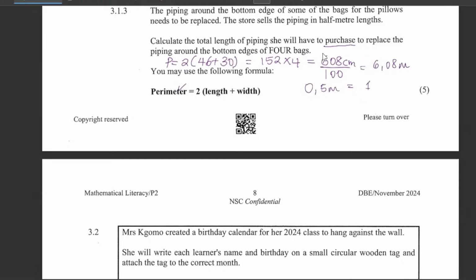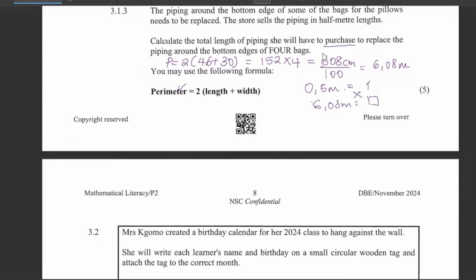All right. So how many of these shall we need if we have 6,08? How many half meters shall we need? That's what we want to cover.